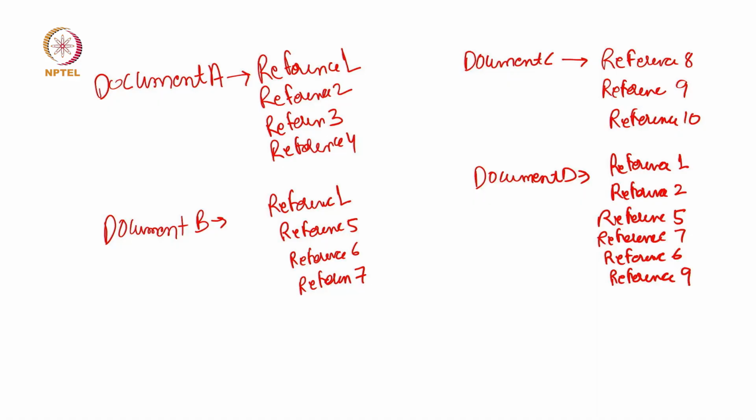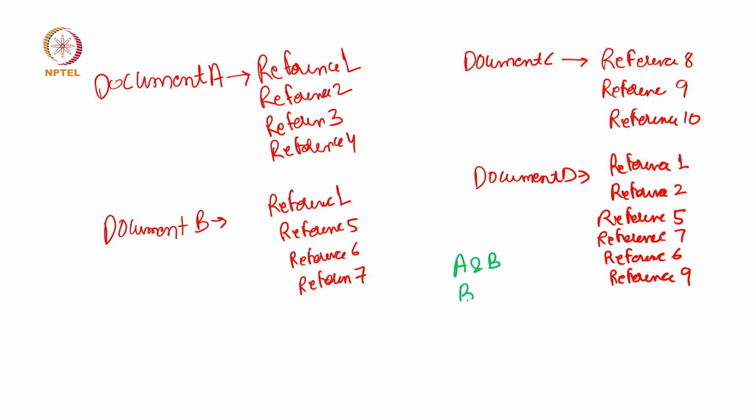Now to see whether documents are bibliographically coupled or not, what do we have to do? We have to take two documents and calculate what common references they share. In this case, we have 4 documents. So how many pairs of different documents do we have to test? We have to check A and B, whether they are bibliographically coupled or not.